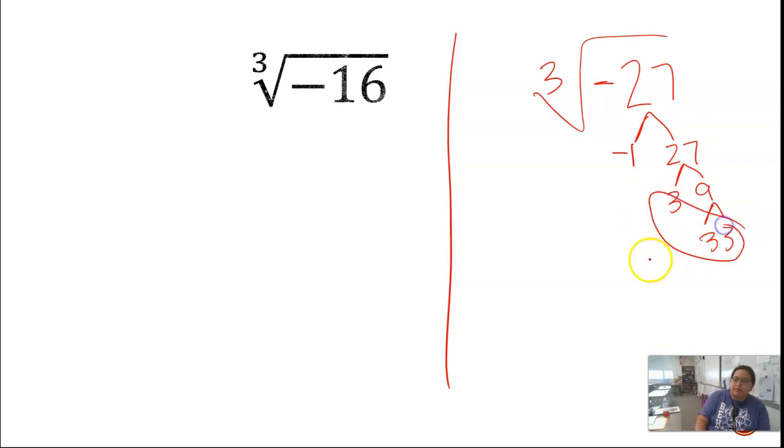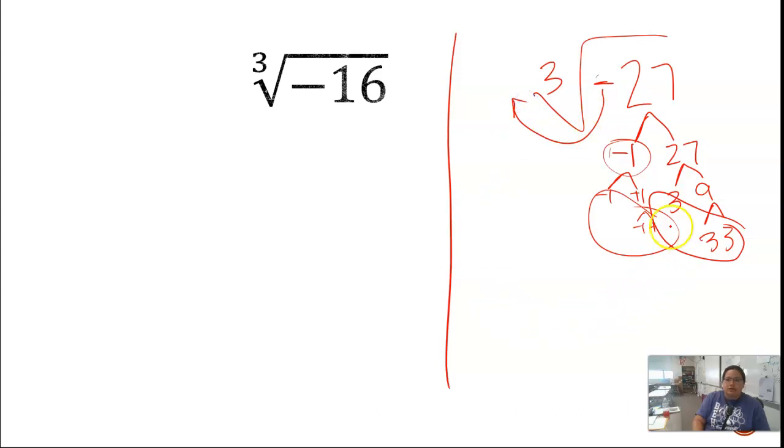So the 3's are going to break out, but I have this negative 1. Now that negative 1 I could break down and do negative 1 and negative 1 and positive 1, or negative 1, negative 1, negative 1. This is another way that you can do it so that you can see that the negatives come out. Okay, if this just still isn't working, remember, just pull this negative out in front. So the 3's break out, only one makes it out alive, so we have negative 3 as our answer.